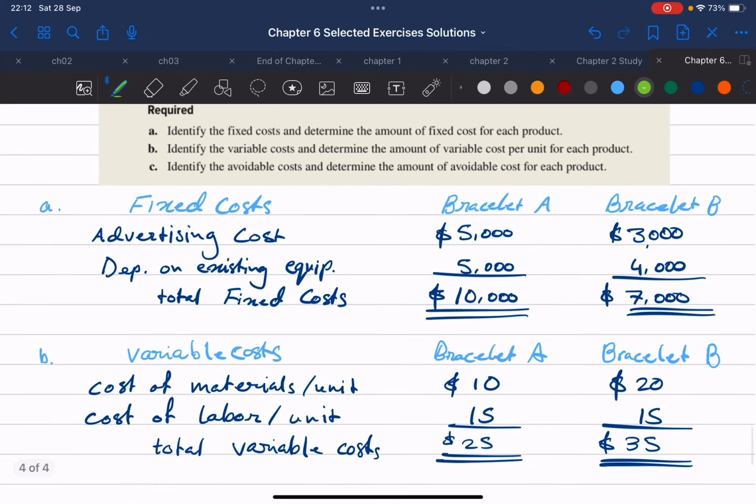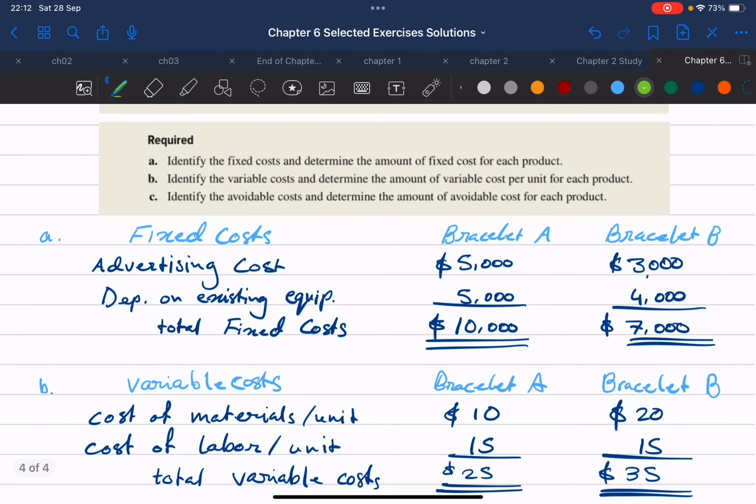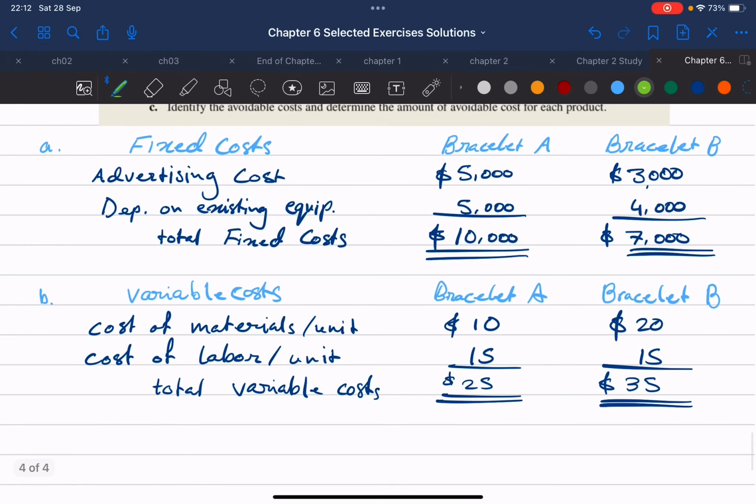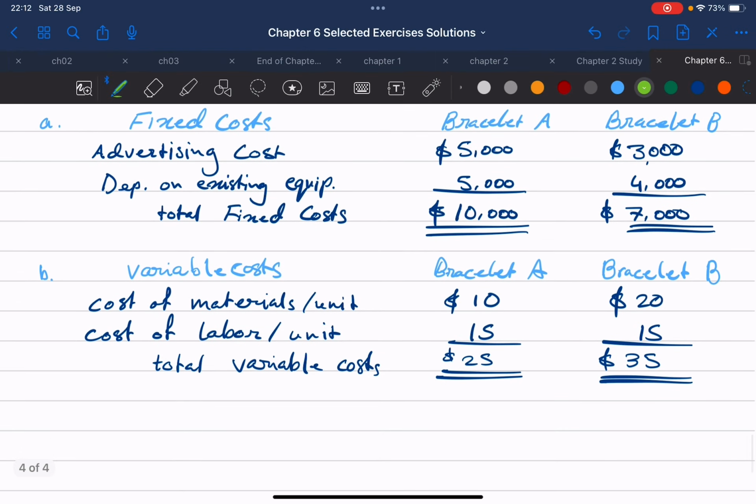Now finally, we'll go ahead and look back at requirement C. Identify the avoidable costs and determine the amount of avoidable cost for each product. So now, following the same format, we're going to do a third table, but this time for avoidable costs. Again, for both bracelet A and bracelet B.